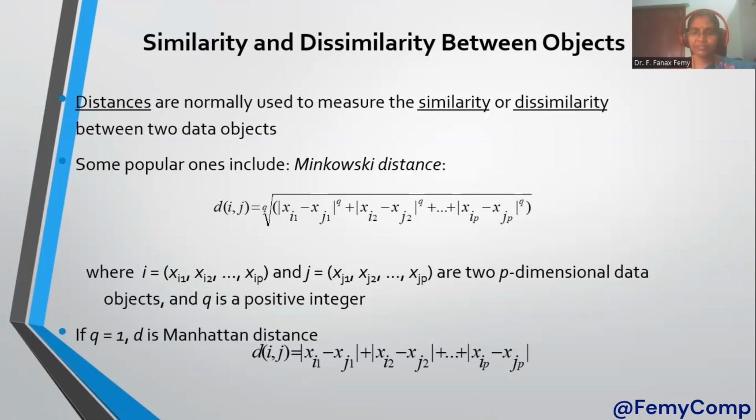So i and j, rows and columns. For the two-dimensional data objects, q is a positive integer. When we apply the q value, for example if q equals 1, we can find the distance. So d(i, j), when we apply the values, we can find the distance between the objects.